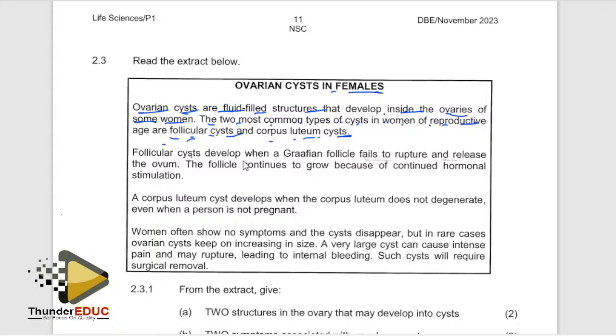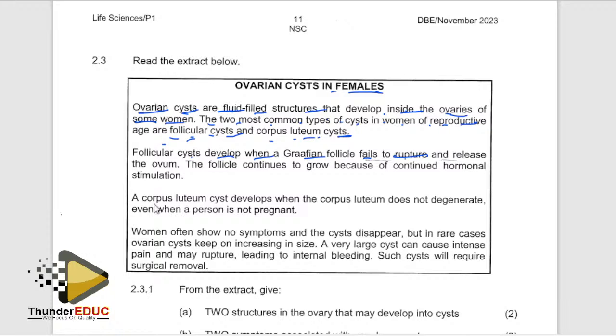A follicular cyst develops when the Graafian follicle fails to rupture. It fails to rupture and releases the follicle to grow, and continues to grow because of the continued hormone secretion, right?